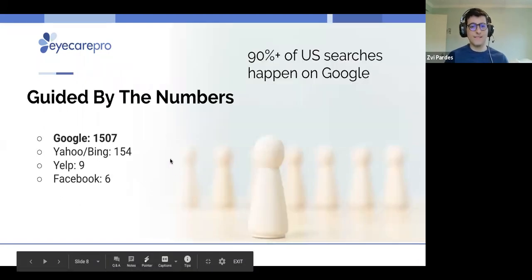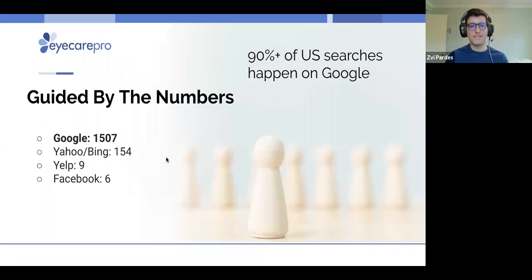So this happens to be one of our practices, just as a breakdown, so you understand a little bit more about what's going on. As I mentioned earlier, this practice, per month, had a little over 1,500 Google hits, and you can see this sharp decline of traffic being driven to the website from Yahoo, Bing, Yelp, or Facebook.